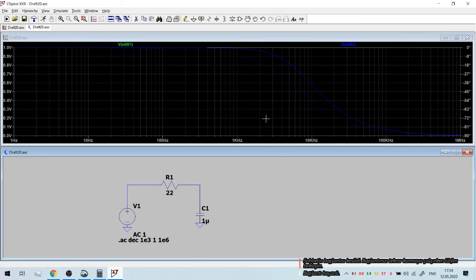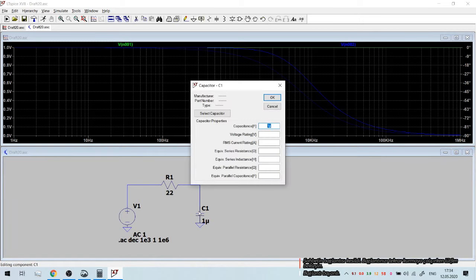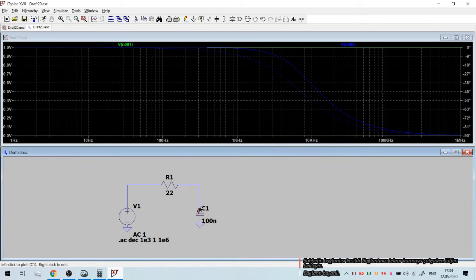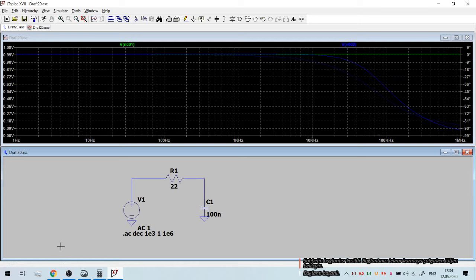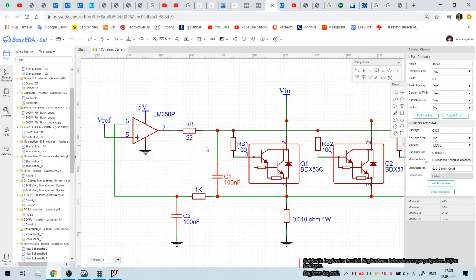It can give us better filtering, but I want to try 100 nano first, because it is much cheaper, and if it doesn't work, I will change it to 1 microfarad maybe, because 22 ohm plus 100 nanofarad is much more suitable for higher frequencies, not this frequency range, I can say.